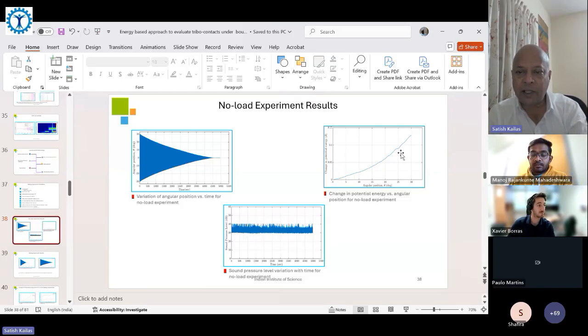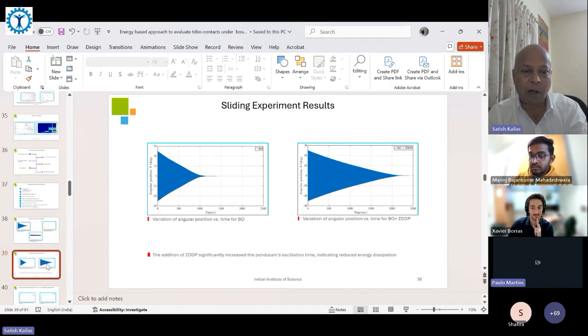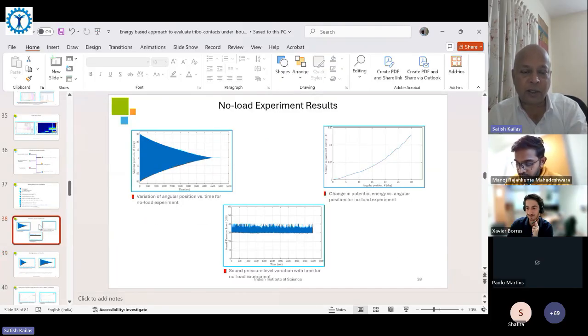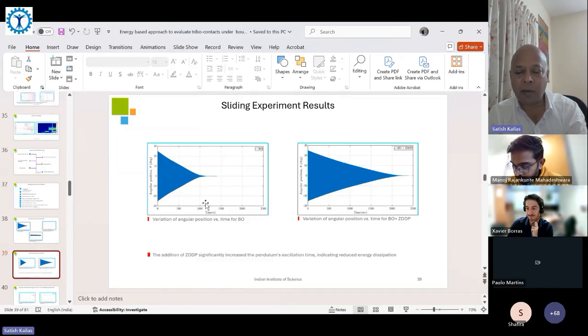And then I get an energy dissipation rate for this. When I have a tribo contact, I get a much lower time for the oscillations to die down. So the difference between this energy dissipation and this energy dissipation is clearly because of the tribo contact.